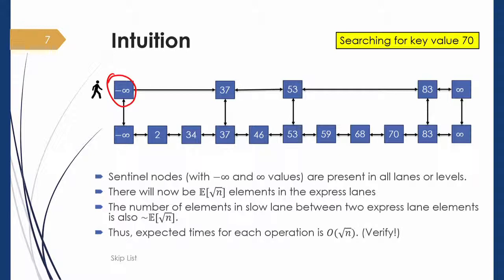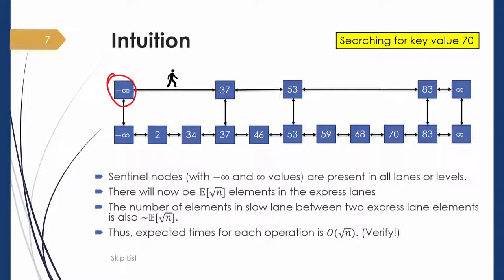We will try to progress along the express lane to the extent possible, and when we overshoot the element that we are looking for, we will retrace our path for just one step backwards, and then step down into the slow lane and search for the element in the slow lane. So, let us see how that works. Now we are looking for 70.